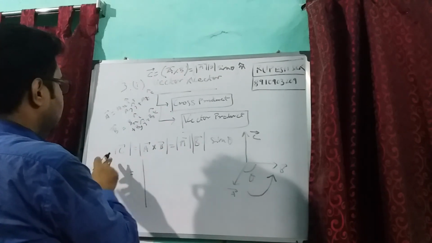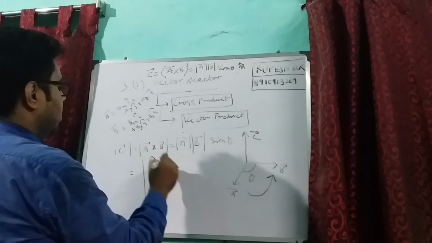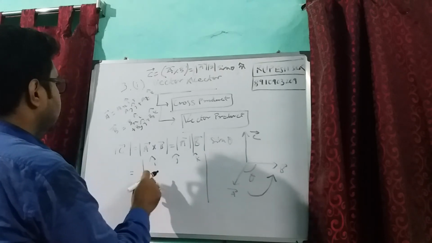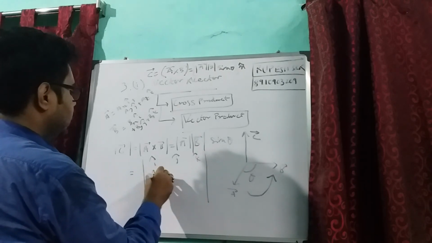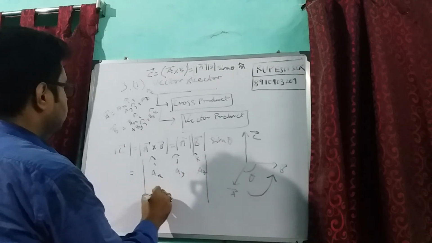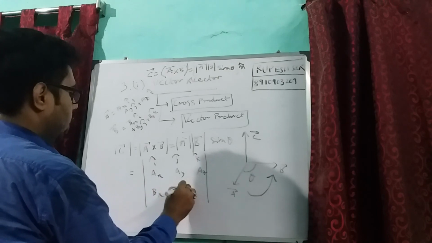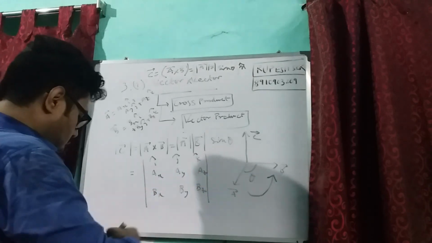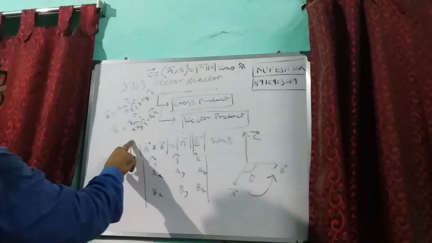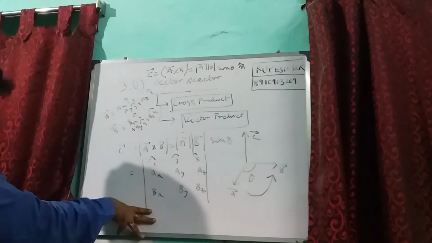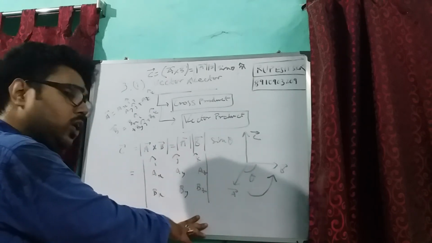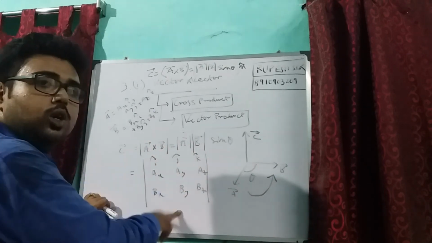Then we will obtain that C will be the determinant with rows I cap, j cap, k cap; AX, AY, AZ; BX, BY, BZ. We have said that we can obtain mod out of this, but eventually we will obtain not only the magnitude but also the direction out of this determinant rule.